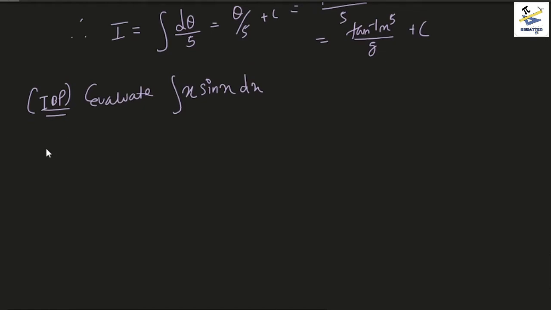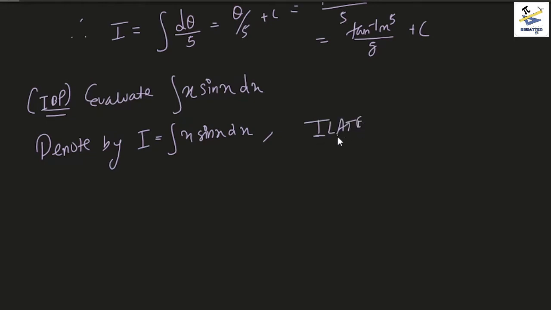So denote by I the integral, and whenever we see functions which are a product of two different kinds of functions, we try to remember our ILATE rule, where we know which one to take as first function and which one as second function. So in the ILATE rule, as you can see, the algebraic function comes first, before the trigonometric function. So the algebraic function should be function 1, and the trigonometric one should be function 2, right?